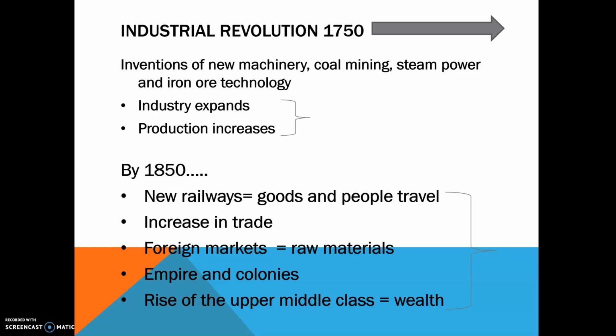One of the features of the Industrial Revolution is the rise of the upper middle class and increased wealth for mill owners and factory owners. And that becomes another sort of social change as a result of the Industrial Revolution.